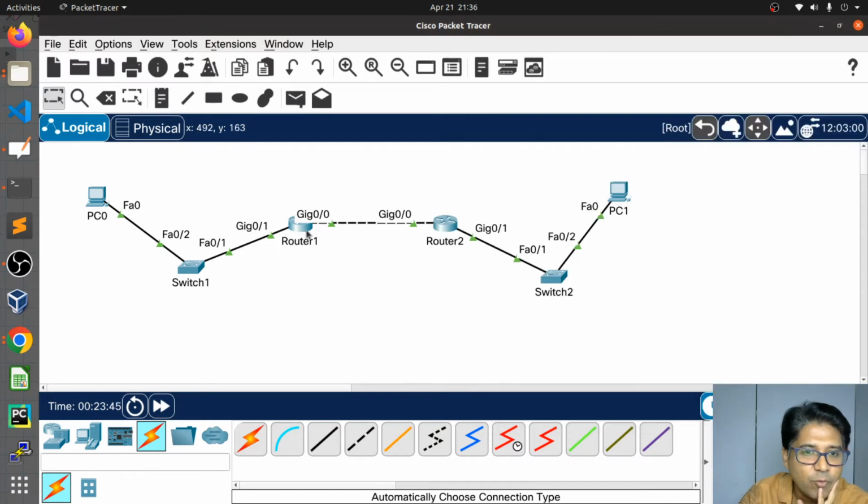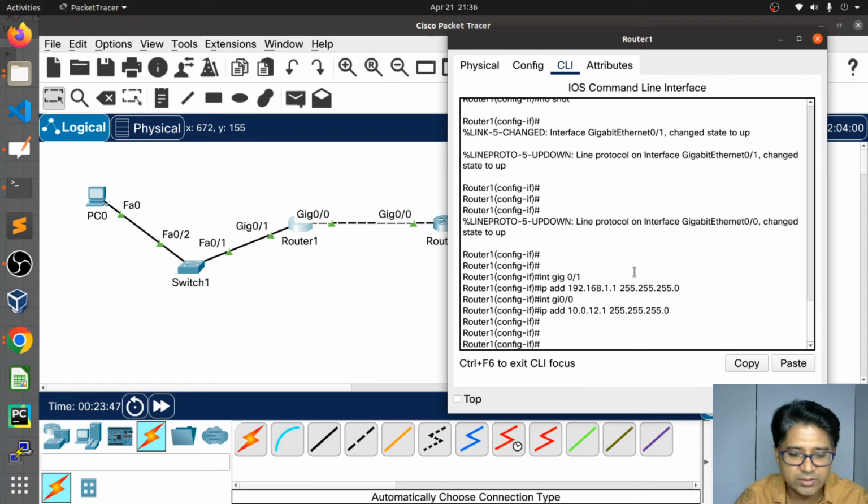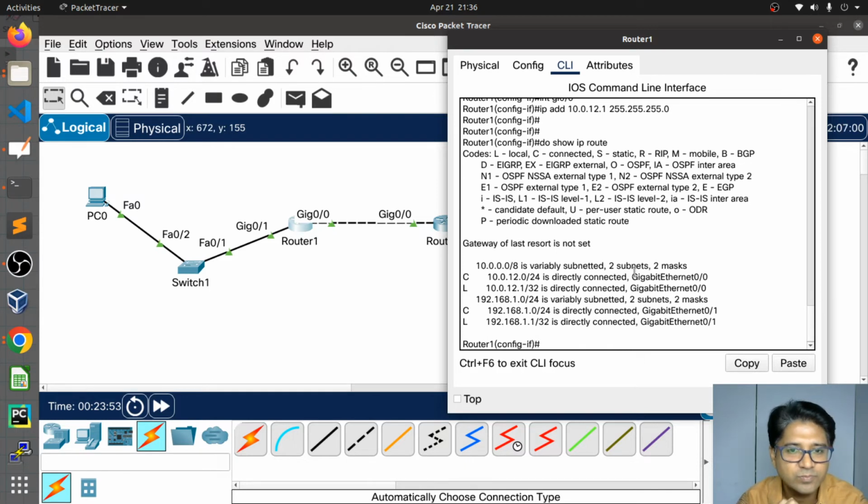Same way I can check on router 1. Show IP route will give me the connected routes. But you can see that router 1 does not know about LAN 2. It has the 192.168.1/24 information. Router 1 has only the LAN 1 information.